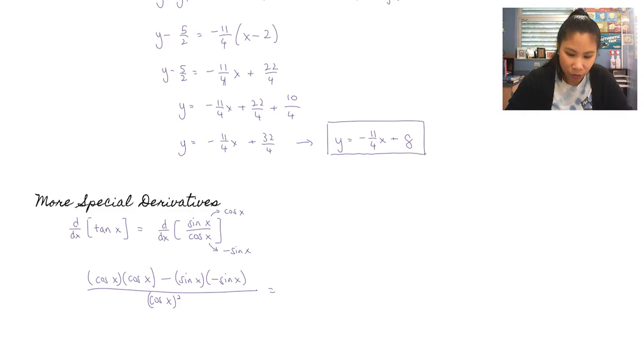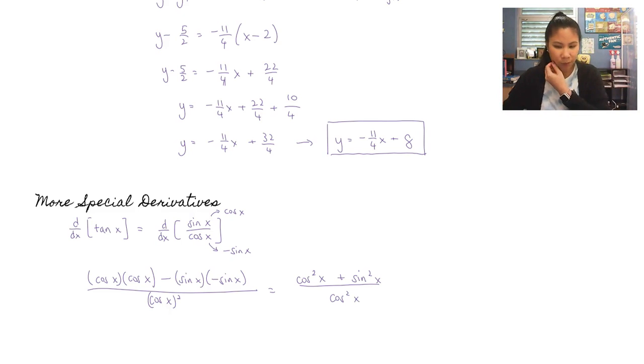Okay, so simplifying this out, we're going to end up with cosine squared plus sine squared. I just wanted to make sure you recognize that when I have cosine x, squaring it like this is the same as writing it with a square before the x. In case you've never seen this before, this is how it works.